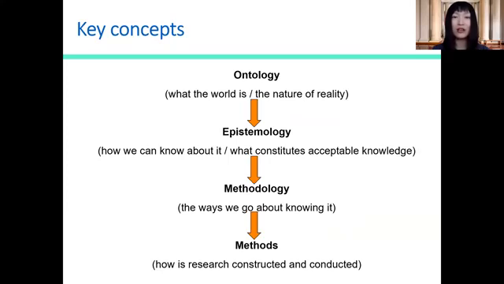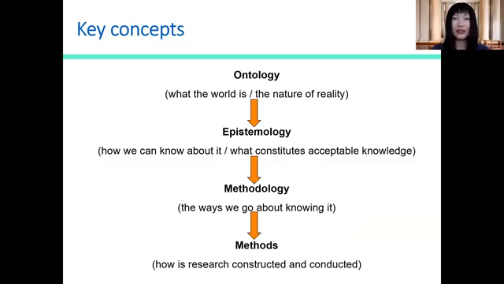So we have ontology, which is about what the world is, and epistemology is on how we know what we know. It sounds a bit complicated, isn't it? And methodology is about the way that we try to know something, the overarching strategy that we can use to understand something.